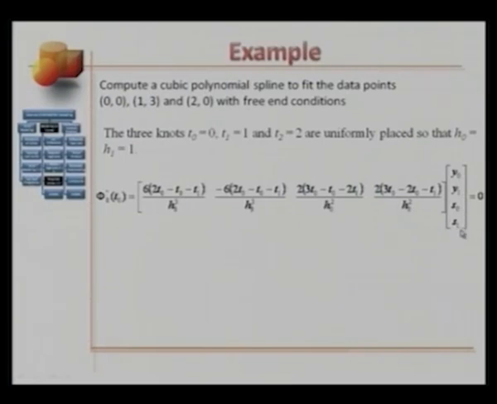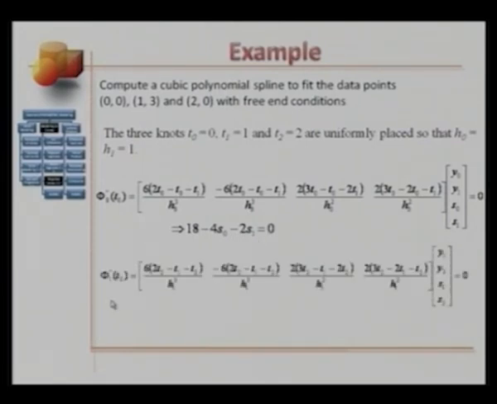The column vector here will have entries y0, y1, s0, and s1. We know what y0 is, what y1 is, and s0 and s1 are unknowns at this time. We'll have an equation that will say 18 minus 4 times s0 minus 2 times s1 equals 0.